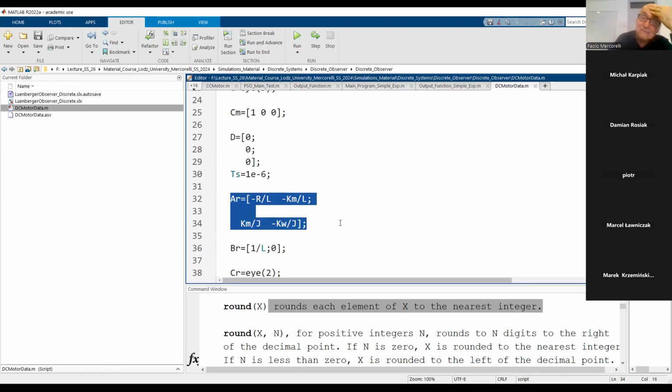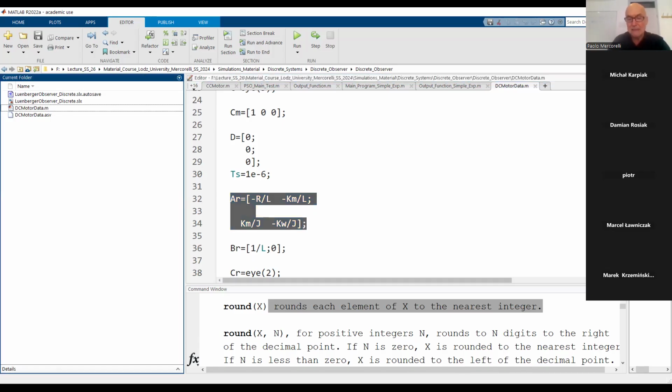Why that? Because if I consider the position as a state, and I don't measure the position, the system is not observable. I can show you this, because I told you a little bit about observability and controllability.